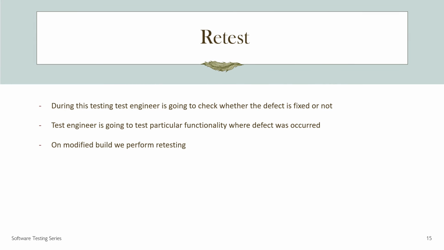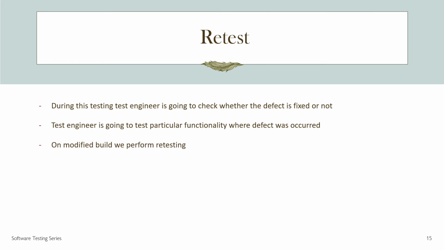Once all the bugs are logged, the developer fixes those bugs and gives us a modified build. Then we perform retesting. We confirm whether the bugs are fixed or not. If the bugs are fixed, then we close those bugs using bug tracking tools.